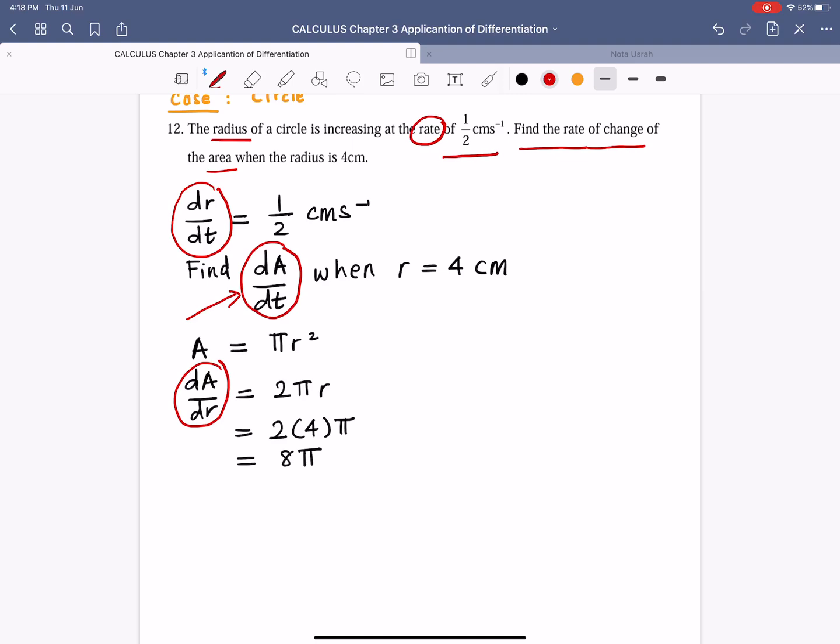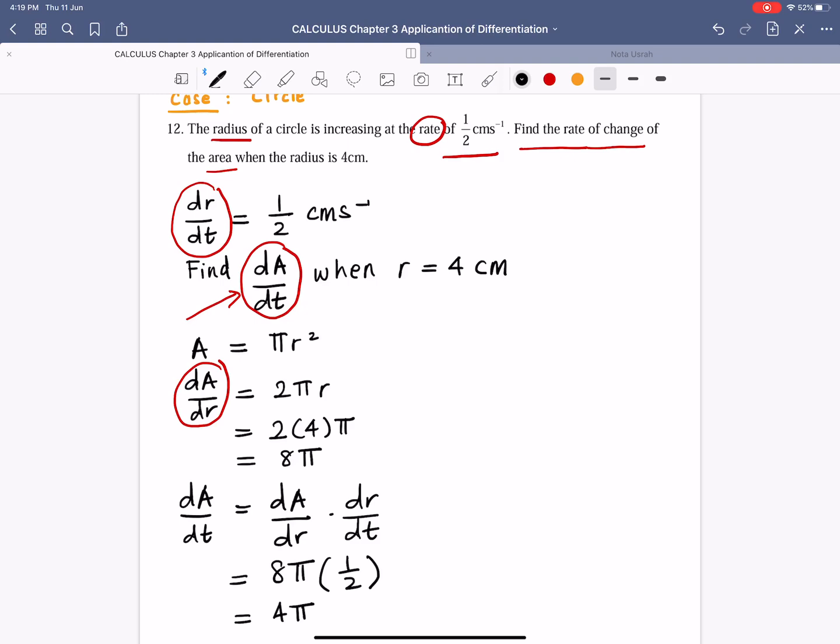So the chain rule will be dA/dt equal to dA/dr times dr/dt. From the question, we do have the value of dr/dt, and we have dA/dr is 8 pi, dr/dt is half. Therefore, the answer for dA/dt is 4 pi.